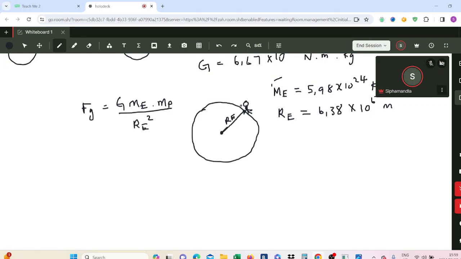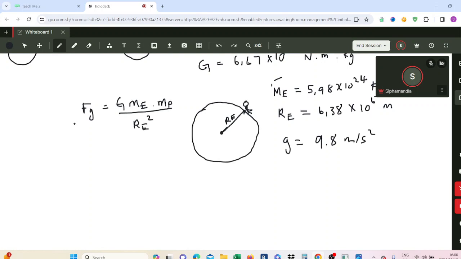Because you have to know that all the objects on the earth always experience the same, constant gravitational acceleration of 9.8, downwards.